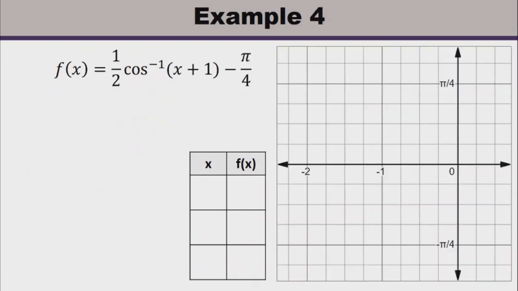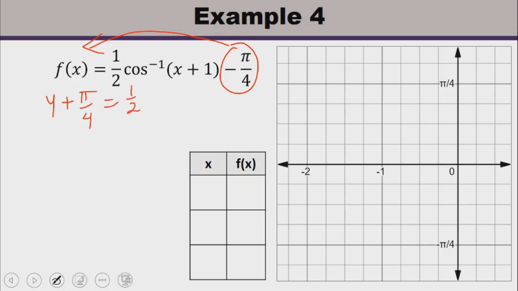For example number 4, we are asked to graph this. We need to first simplify this function before we graph. This pi over 4, we need to move it. It's going to become positive on that side. Pi over 4 equals half arc cosine of x plus 1. Okay, so I need to remove this half by multiplying both sides by 2.